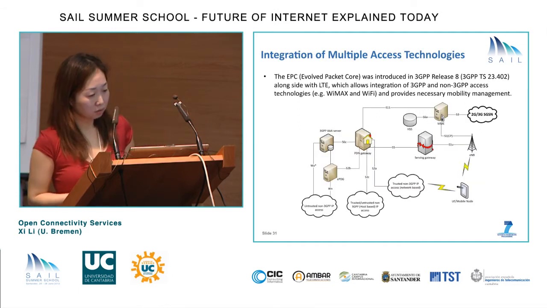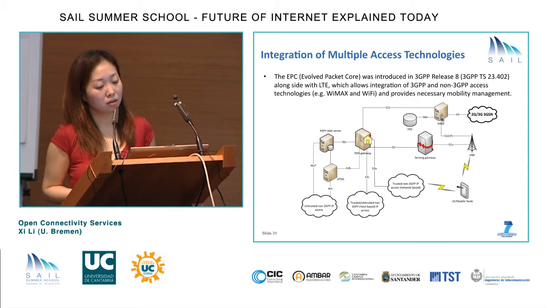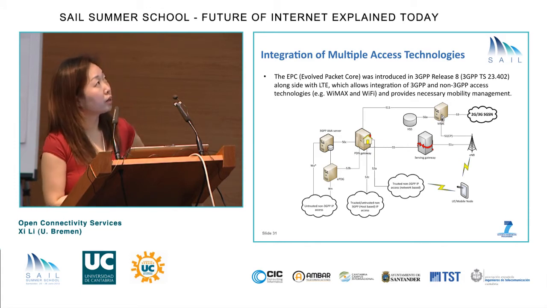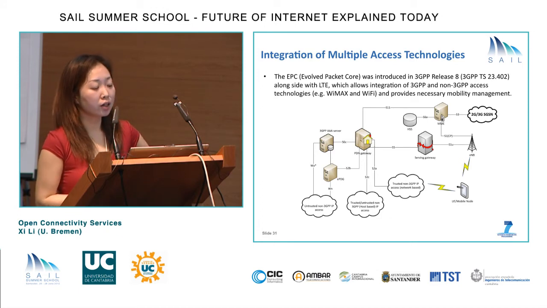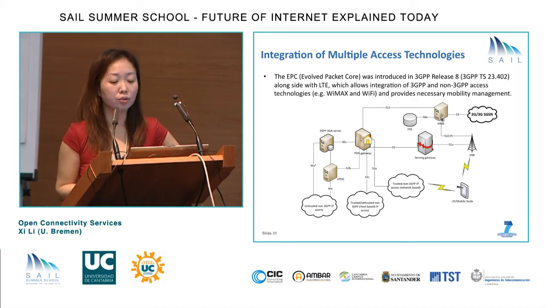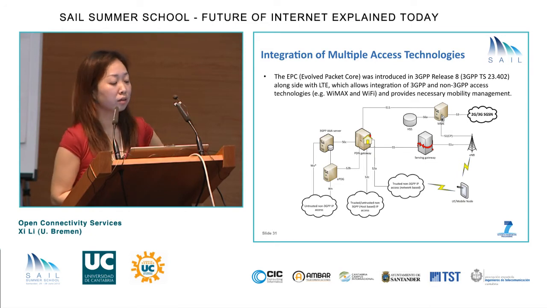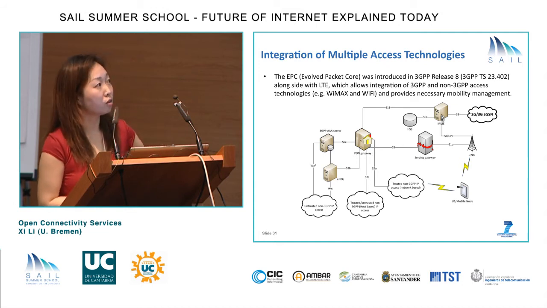So the 3GPP standardization has defined the evolved packet core architecture in order to integrate the 3GPP system with non-3GPP access technologies. For example, you can see here the mobile node, which has the possibility to connect to 3GPP systems, for example, the 2G, 3G, or the LTE technology.